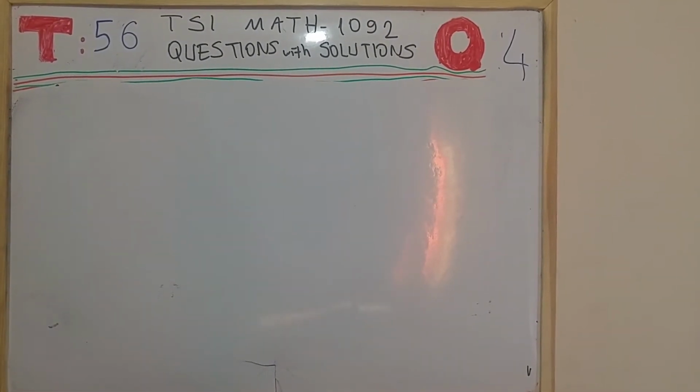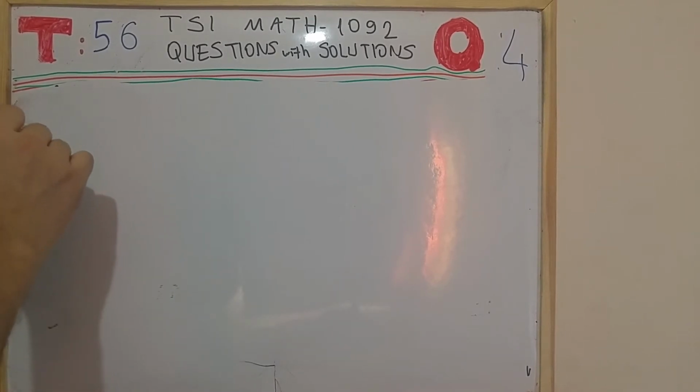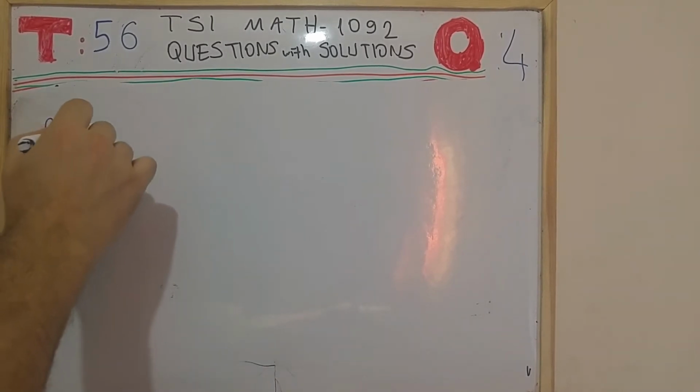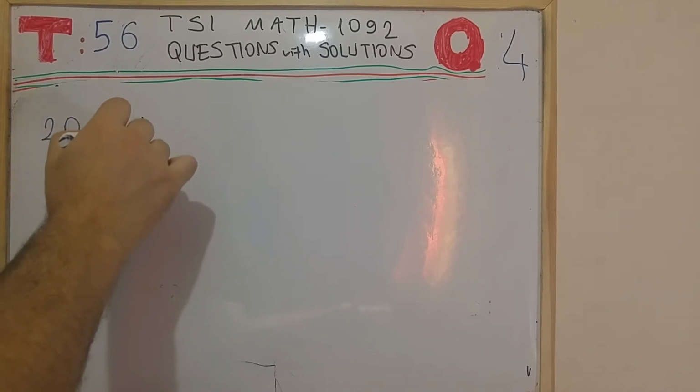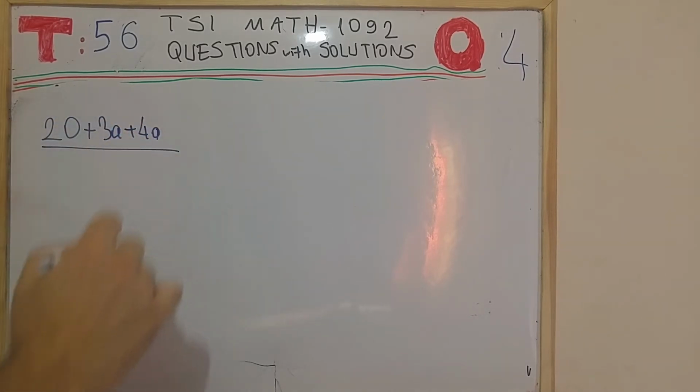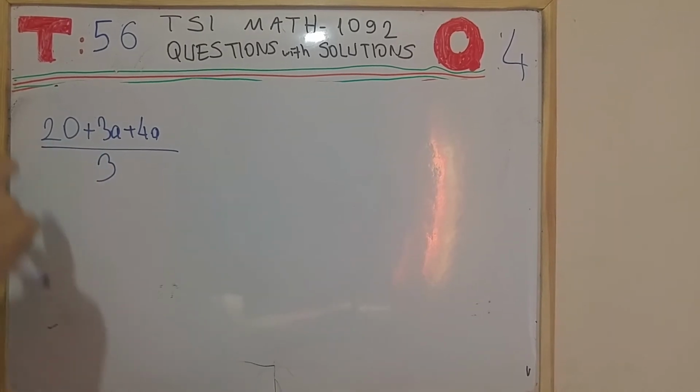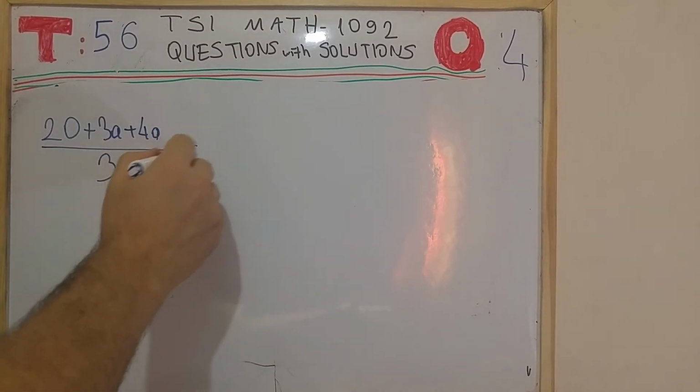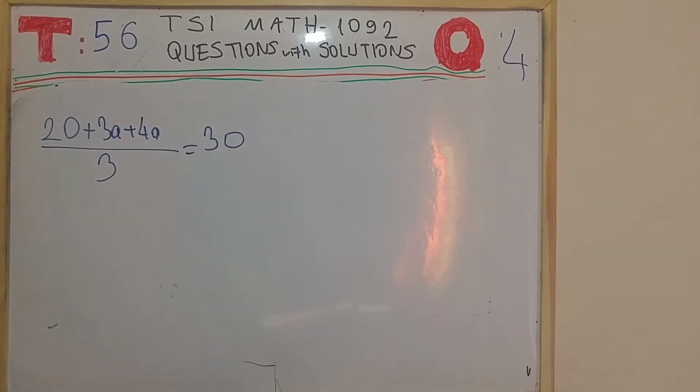Arithmetic mean is calculated by summing up the values that we have, which are 20, 3a, and 4a, and dividing that by the number of values. We have 1, 2, 3 values. This will be equal to 30. Now what I need to do is to solve this equation first.